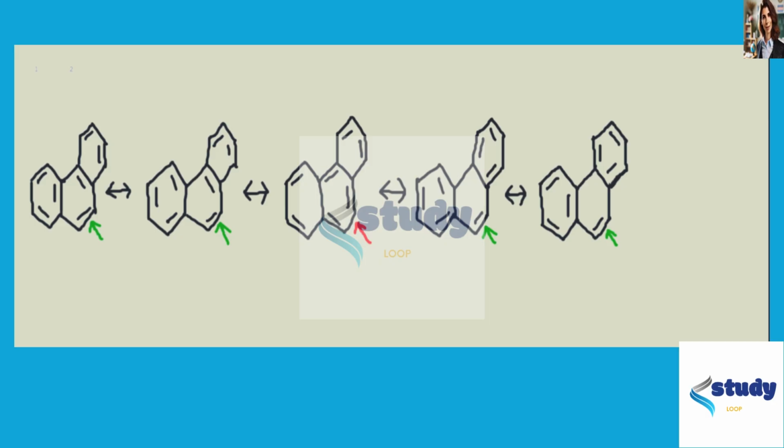Everything that I've green arrowed there is going to have much more double bond character than the other carbons in phenanthrene. That's why they're going to undergo addition rather than substitution, because they have more double bond character.